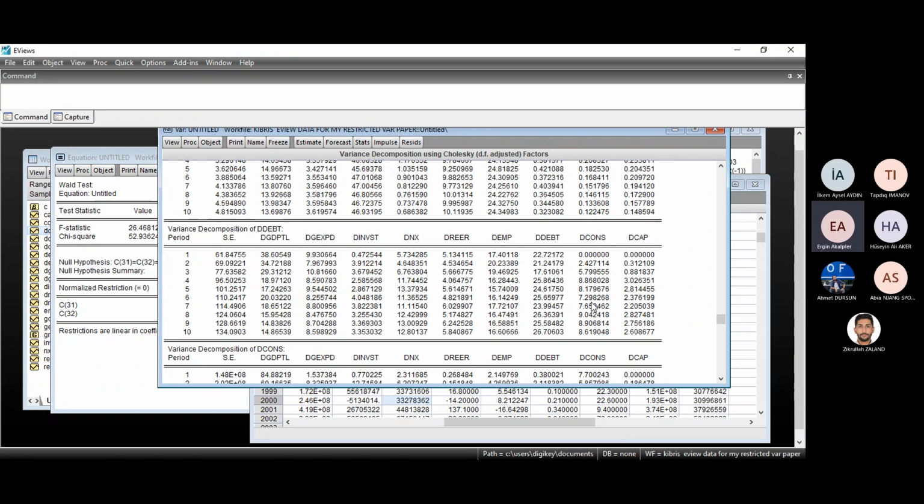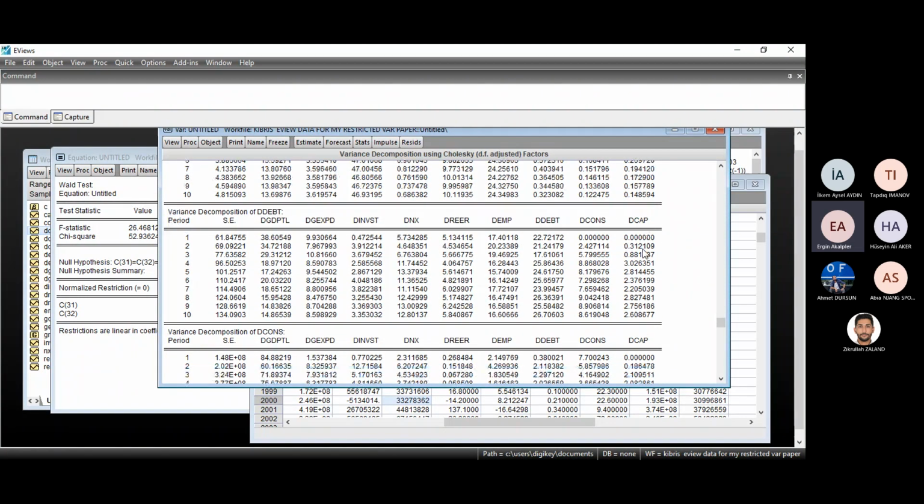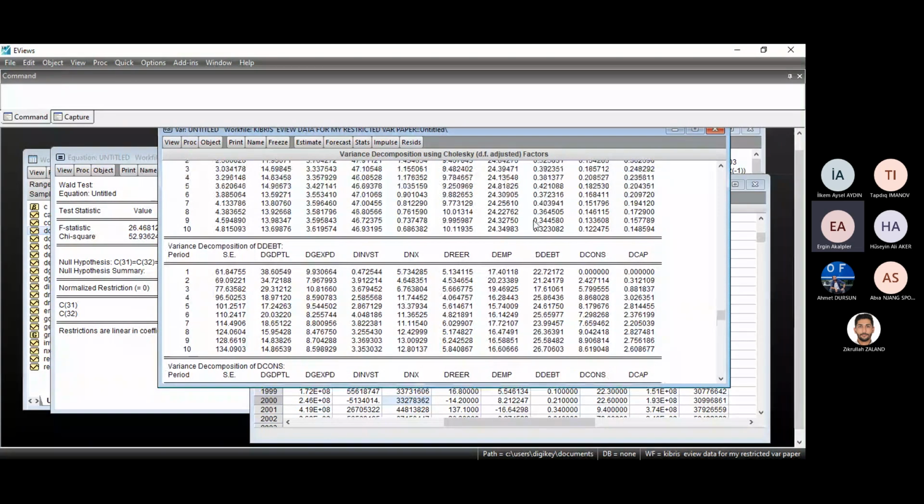Consumption is also affecting here. In the Keynesian model, consumption and debt, the so-called saving, somehow affect each other. And public debt here means that as much as you increase the consumption, you are also enlarging and increasing the debt amount. Therefore, it is expected to have some considerable impact on the public debt. And the capital is also a little bit, as you see here, better results compared to the others.